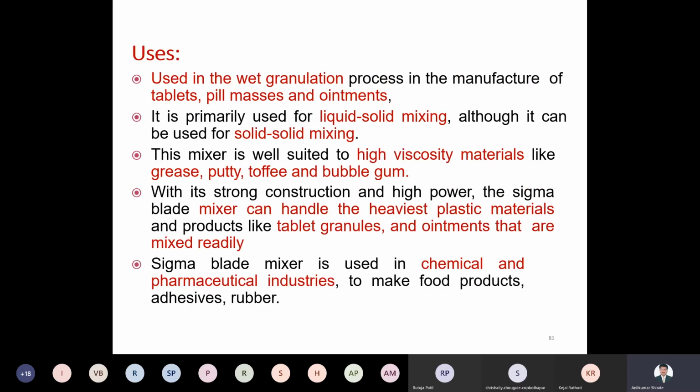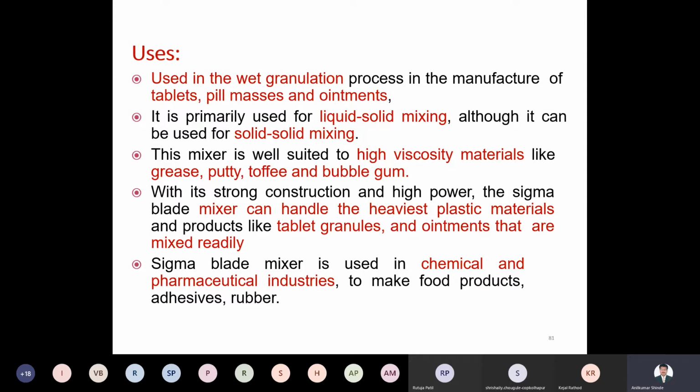Understand it? So this is the use of the sigma blade mixer for wet granulation. If you want to prepare a tablet formulation, before compression of the tablet you have to prepare granules, by dry granulation as well as wet granulation.